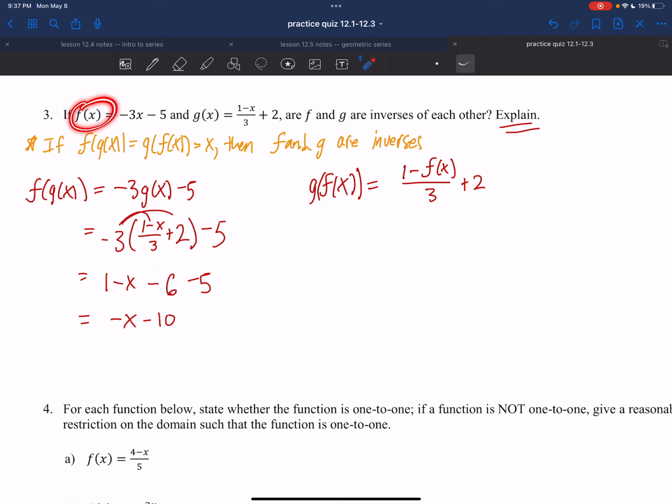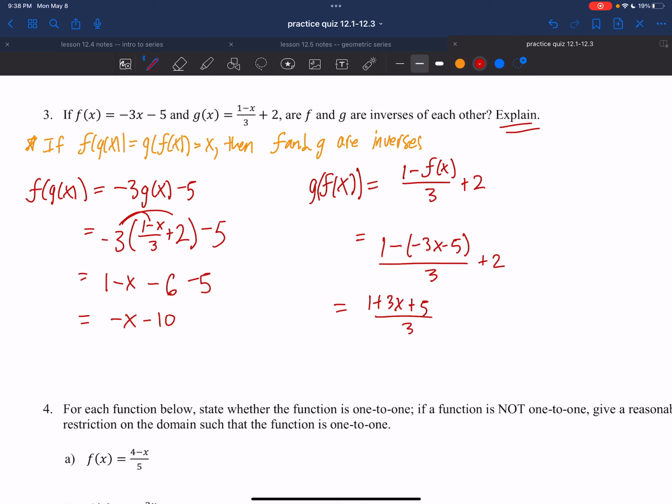So if the input is f of x, I put f of x there. Let's replace it. And so now I do 1 minus f of x, which is negative 3x minus 5, over 3 and then plus 2. We'll do some operations here. That was 1 plus 3x plus 5 over 3 plus 2. So that's 3x plus 6 over 3 plus 2, which is x plus 2 plus 2, which is x plus 4.